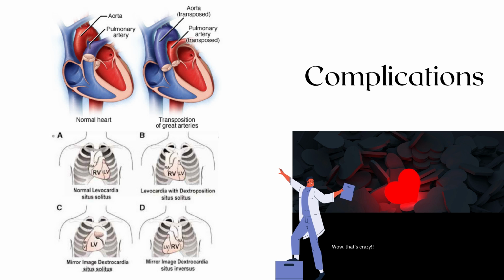The aorta is attached to the right ventricle instead of the left, and the reverse is true for the pulmonary artery, meaning the aorta receives deoxygenated blood from the superior vena cava and inferior vena cava from the right atrium and pumps it right back out to the body. The pulmonary artery receives oxygenated blood from the pulmonary veins via the left atrium and pumps it right back to the lungs.